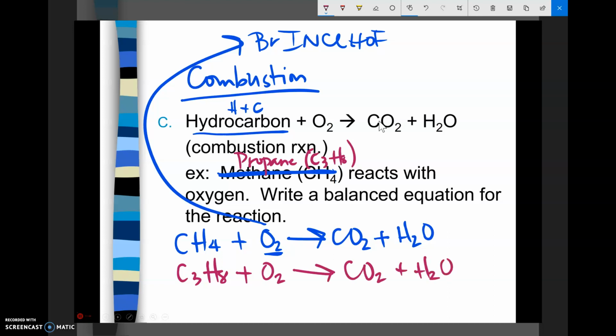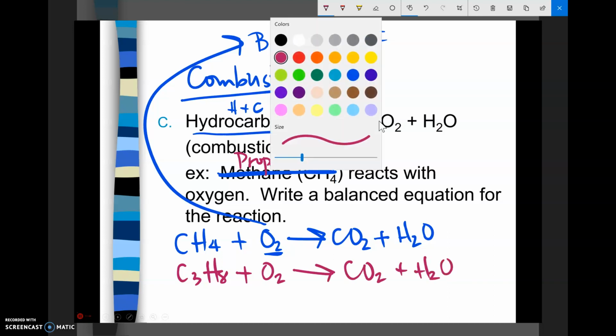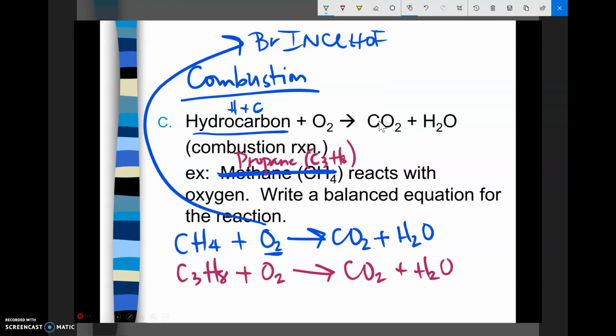Let's go ahead and balance this one, just to remind ourselves. Carbon has 3, over here it has 1, so we're going to put a 3. 8 hydrogens, 2, so 2 times what makes 8? That would be 4. Our amount of oxygens on the reactant side, we have 2. The product side, we have 3 times 2 is 6, plus 4. That's a total of 10. So what times 2 over here makes 10? That is a 5.